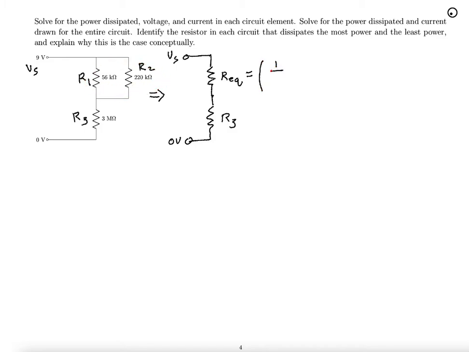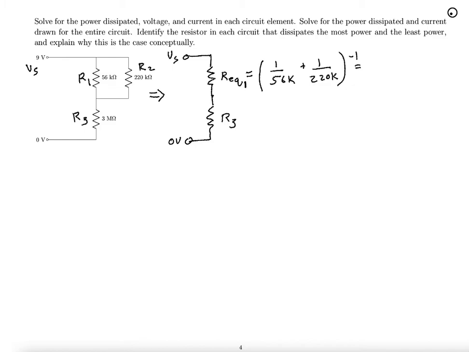So it'll be 1 over 56K plus 1 over 220K, all to the minus 1 power. And I'm going to label this R equivalent 1, because we're going to have a second R equivalent where we combine these two in a moment.